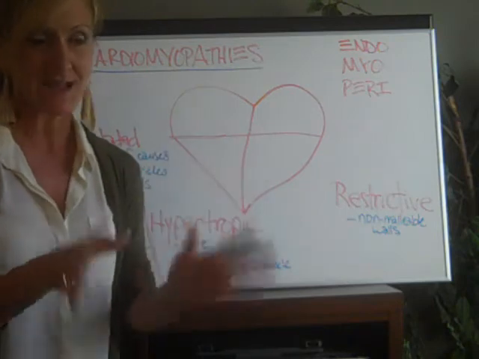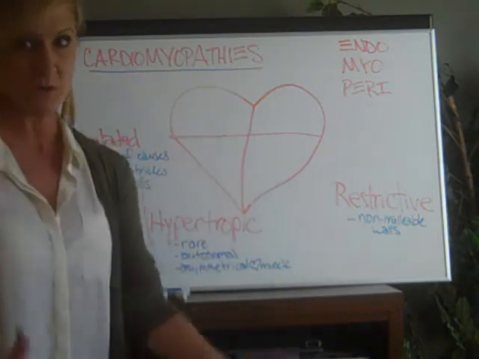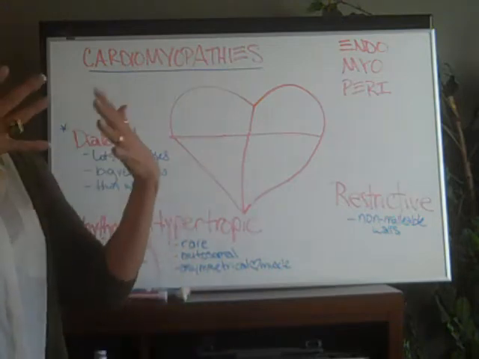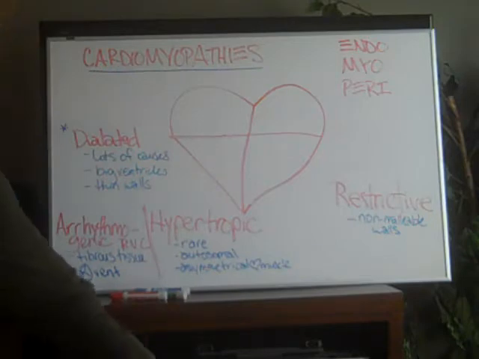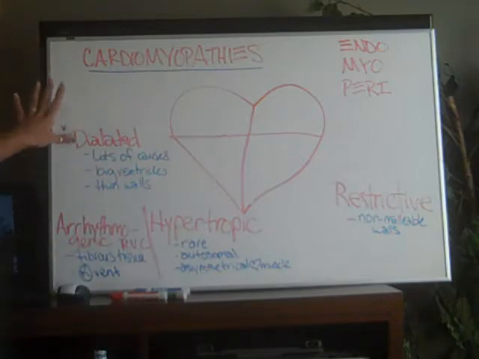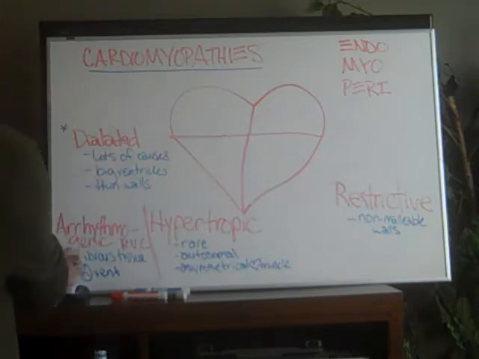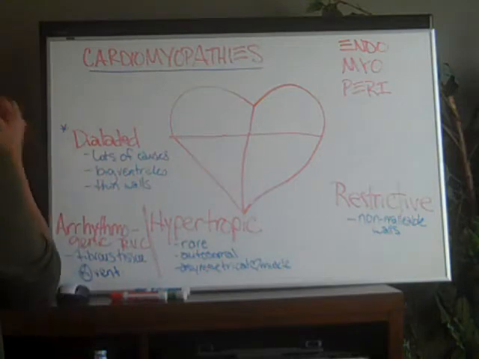It's not the size that it's supposed to be, and it's not doing what it's supposed to be doing because it's structurally getting out of whack. The most common of the cardiomyopathies is a dilated cardiomyopathy.